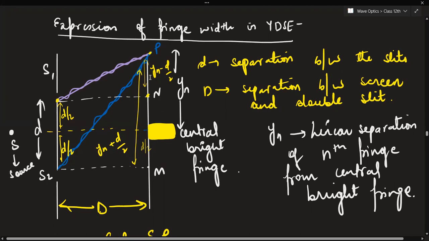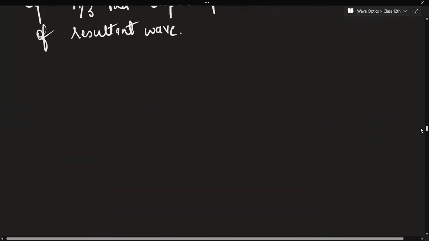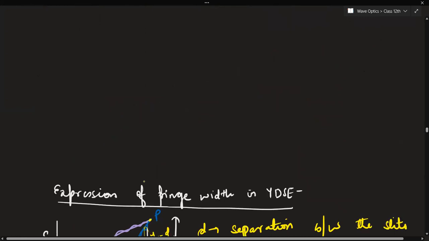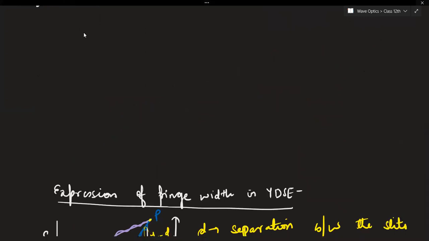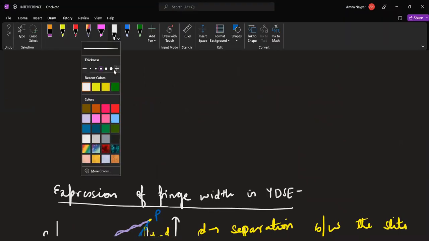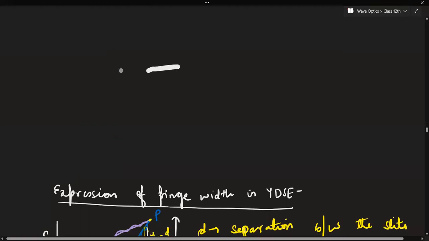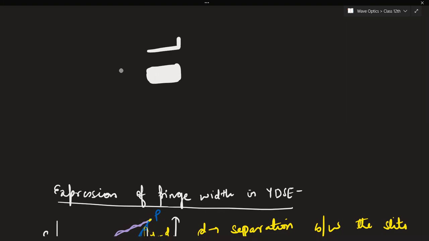Now listen class, if I want you to calculate any of the fringes, look here. Suppose this is the central fringe that has been formed. Then darkness, meaning a dark fringe.